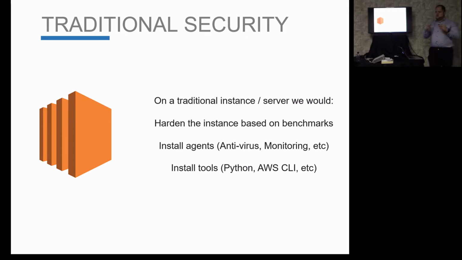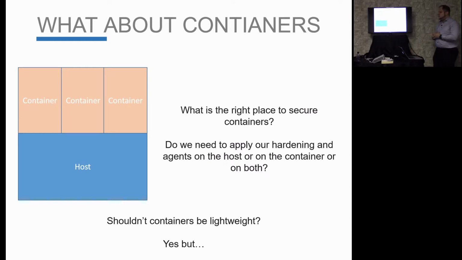We would then install various agents for antivirus, endpoint protection, endpoint detection and response, data loss prevention, etc. And then our tools, so Python, the AWS CLI, potentially net tools to do debugging if you're working in an incident. This raises an interesting question: when you work in a container world, how does this actually work out? And if you have these agents, where should you deploy them?